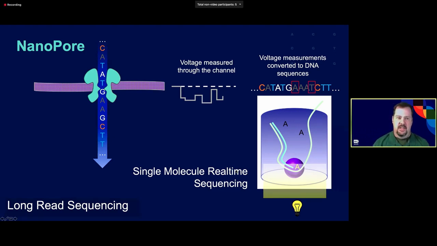Those voltage changes tell you about the sequences that are currently in the channel. And then there's also a technology that in a lot of ways is very similar to what I described for the Illumina technology, where you're essentially watching bases being added, but at a single molecule level. The PacBio instrument that we use to sequence, for instance, bacterial genomes uses this technology.